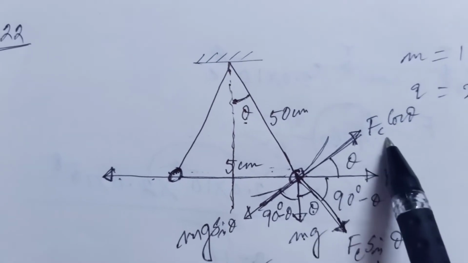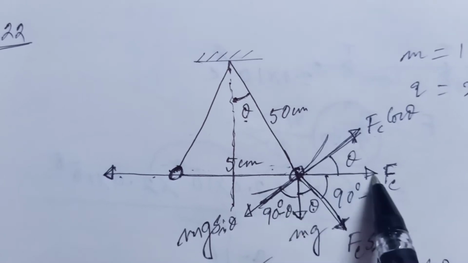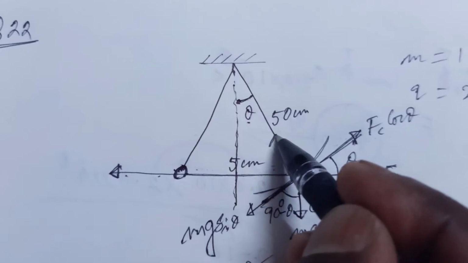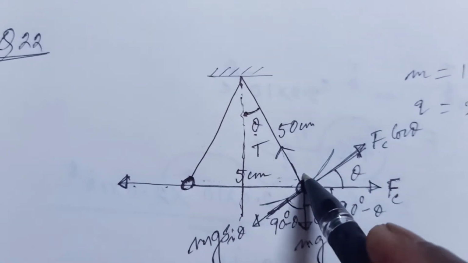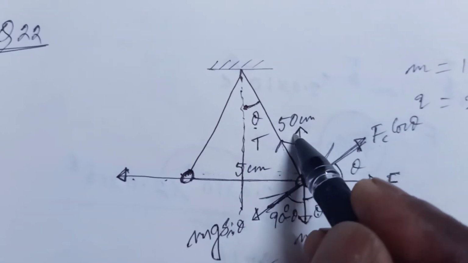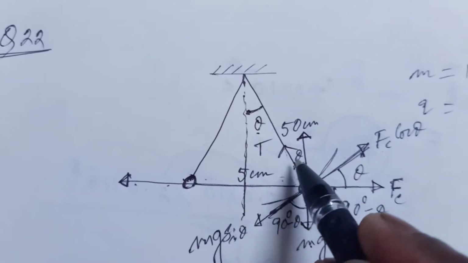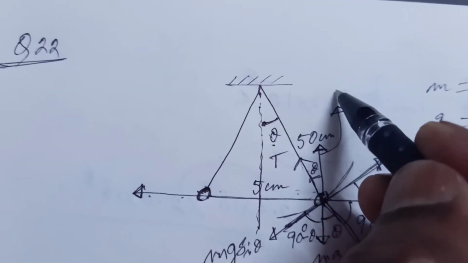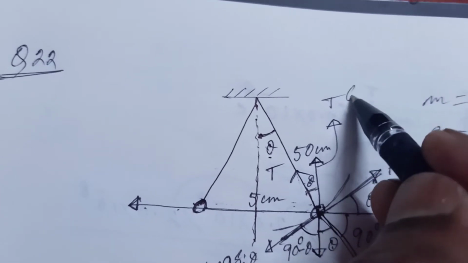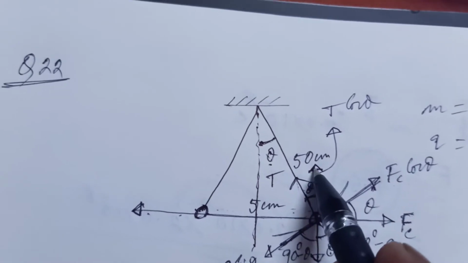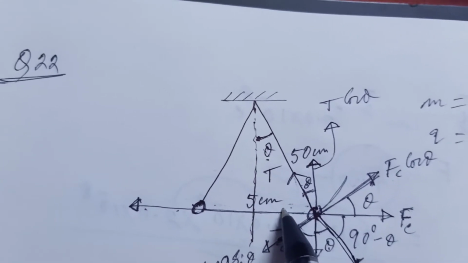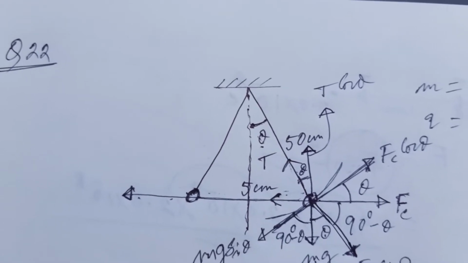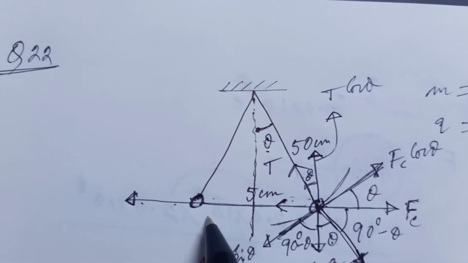FC acts along that particular direction, but this tension force, if this is the tension force, then it is also theta, alternate angle. This angle is equal to this alternate angle, so this component will be T cos theta, and this one is T sin theta.